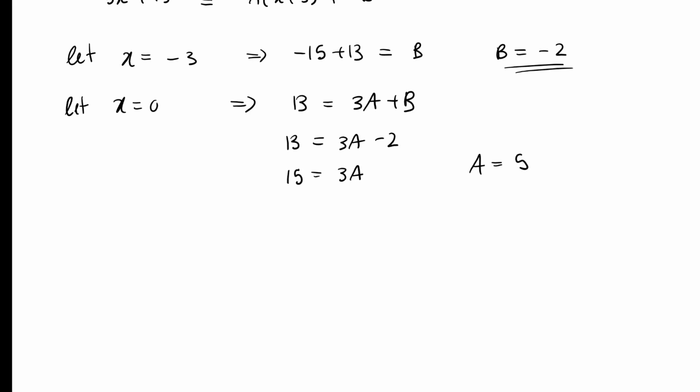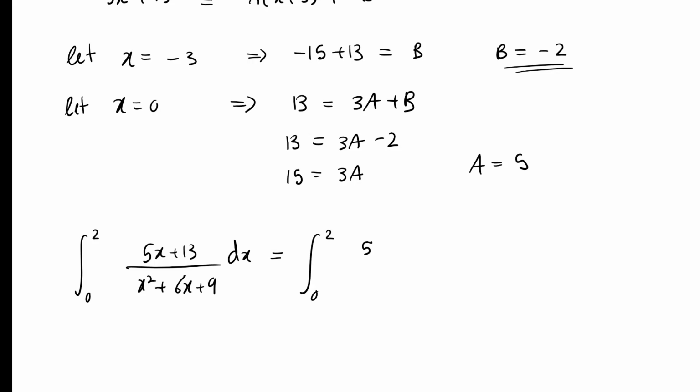So the original integral can be rewritten. So I'll write the original 5x plus 13 over x squared plus 6x plus 9 dx can be written as the integral, again from 0 to 2, of 5 over x plus 3 minus 2 over x plus 3 squared dx.